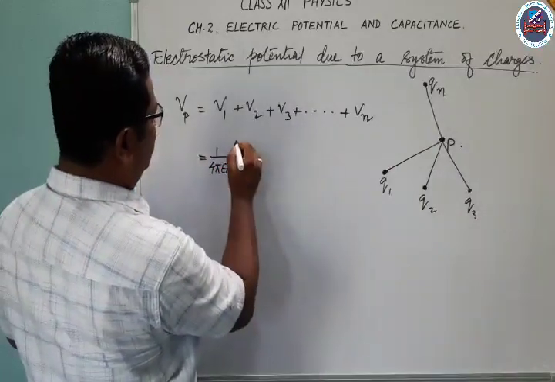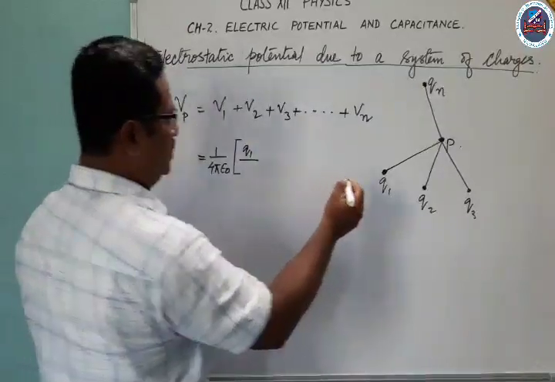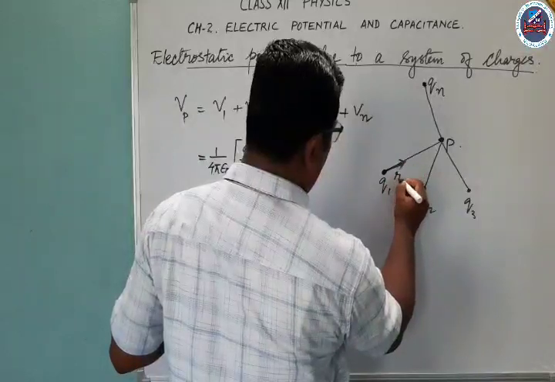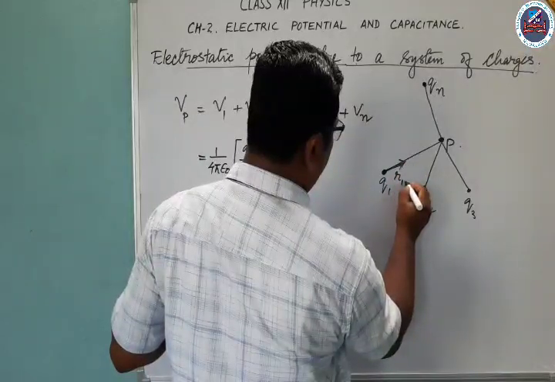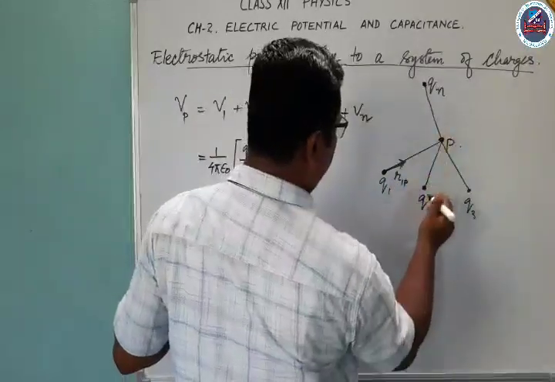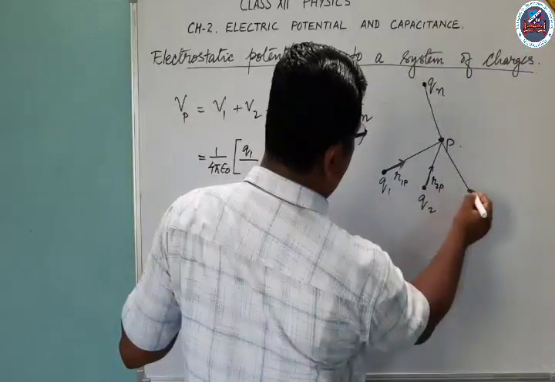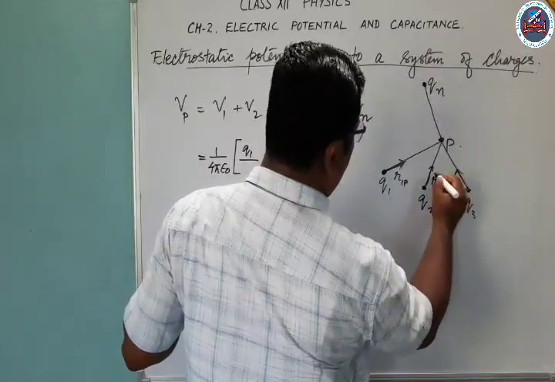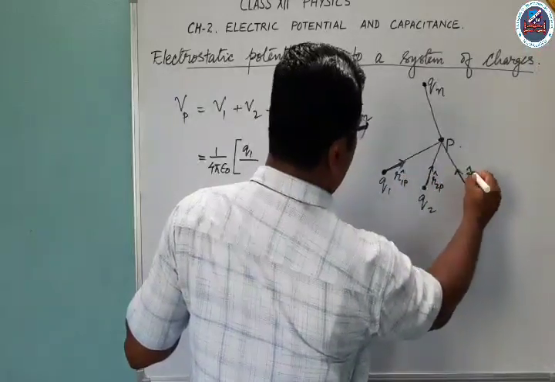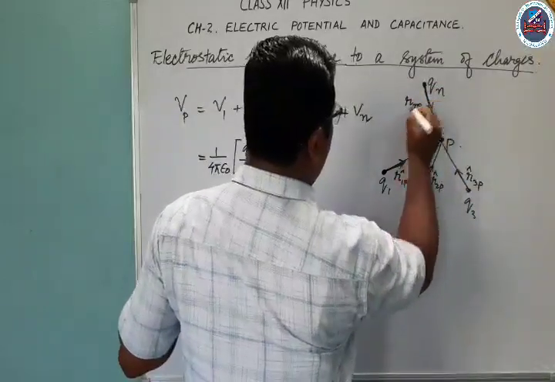Here the first one is Q1 divided by the distance. Like the earlier position vectors, or unit vectors, you take it as R1p, from 1 to P. Then here you take it as R2p, here R3p, and here Rnp.